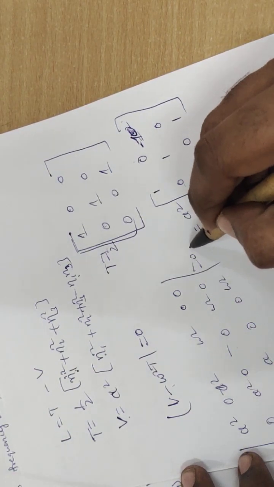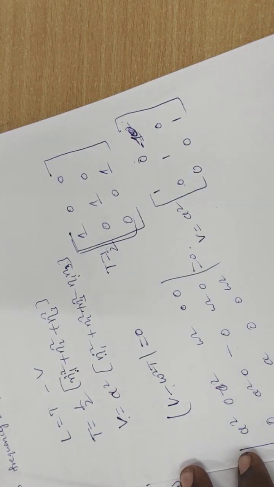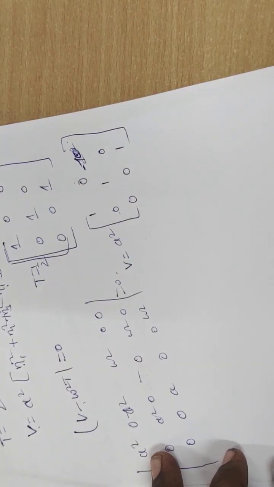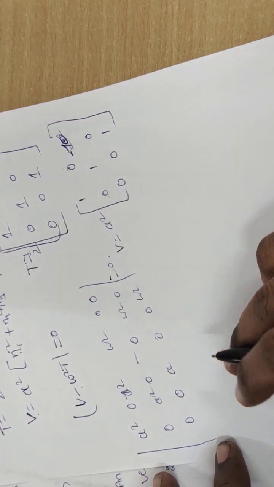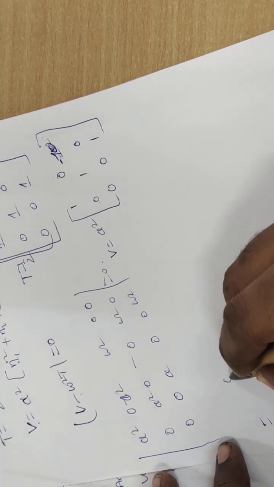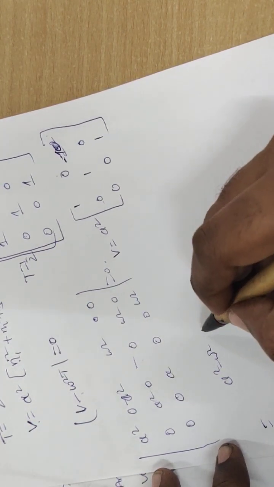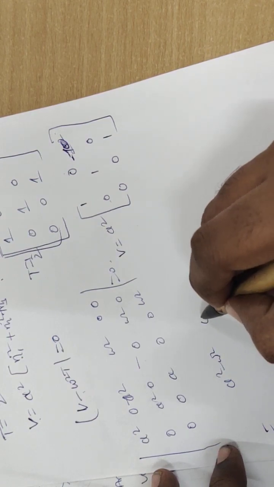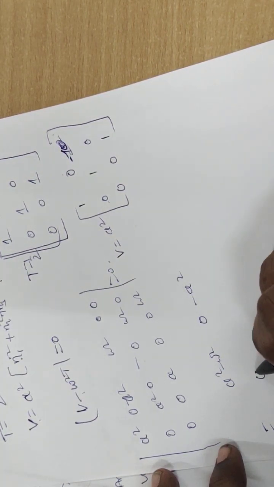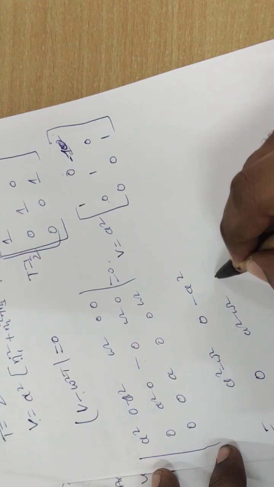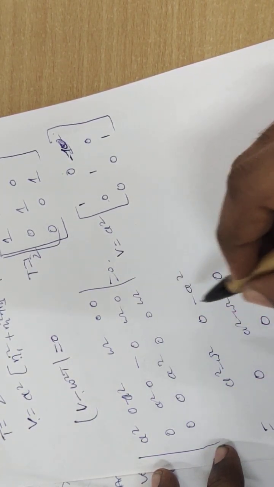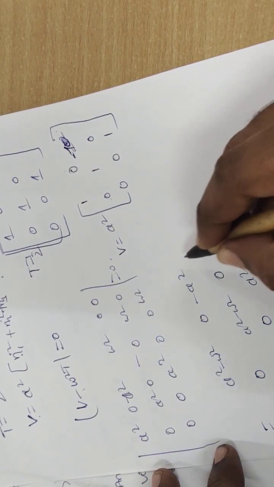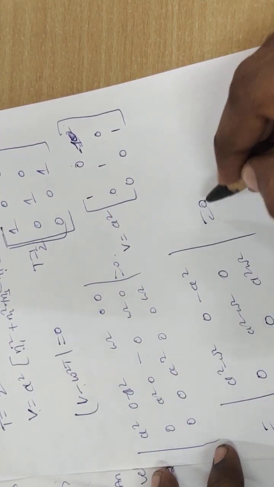The determinant is equal to 0. So after calculating this, we will get the matrix alpha square minus omega square, 0, minus alpha square, 0, alpha square minus omega square, 0, and 0, 0, alpha square minus omega square. The determinant is equal to 0.